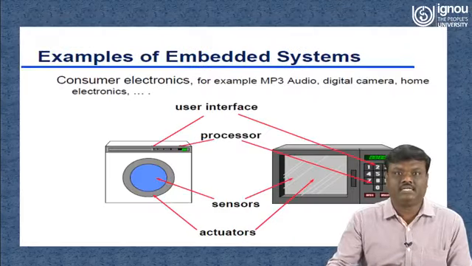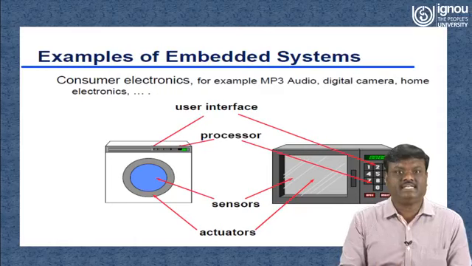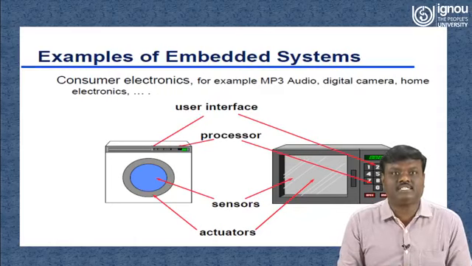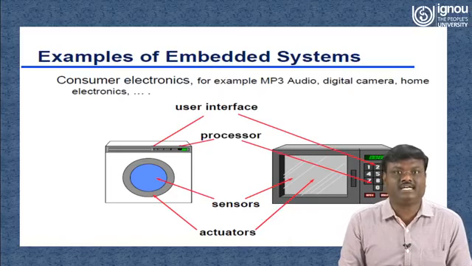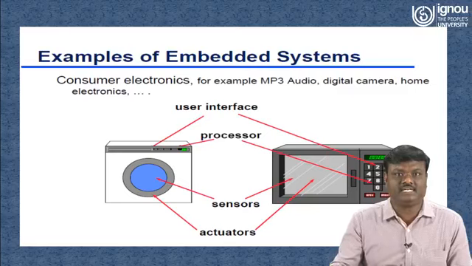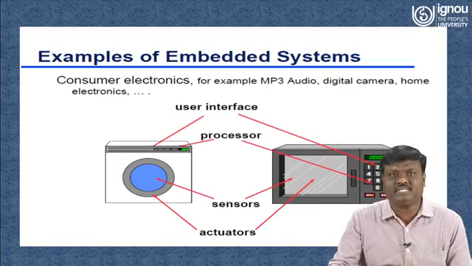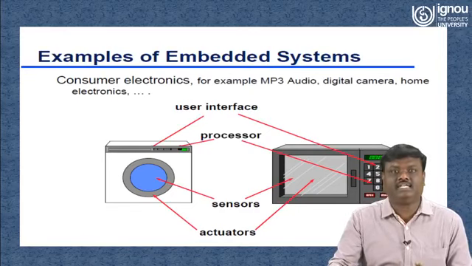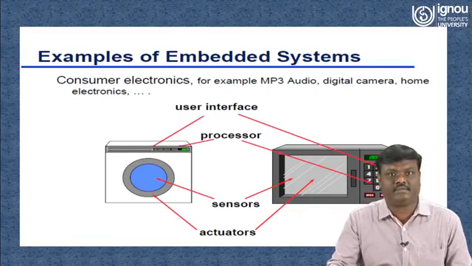Another example we can quote is consumer electronic systems like the digital camera, home electronics, washing machines, or security locking devices shown on the screen. They will have some simple interface, a built-in processor, sensors sensing the parameters or input matrix, and actuators which take care of the response part.